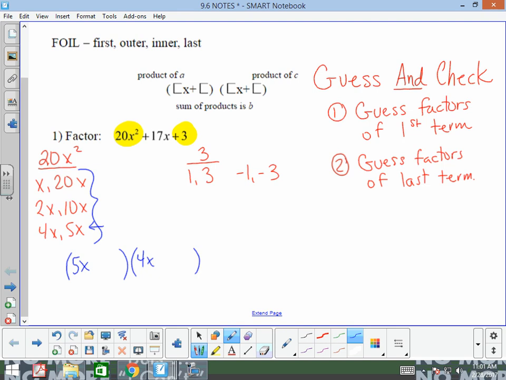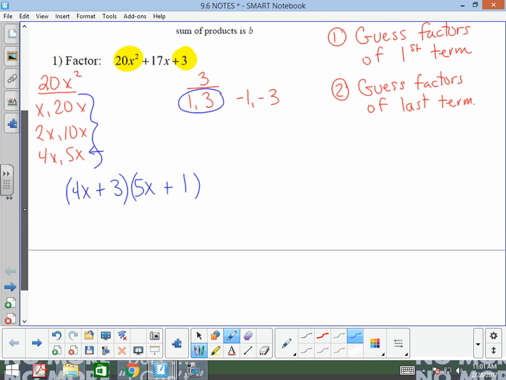You're just guessing right now anyway. So I'm going to go back to 4x being my first one and 5x being the first term in the second parentheses. Now we need to guess the factors of positive 3. We have them written down. Let's start with the two that are positive. So let's put the 3 in this one and the 1 in this one. Again, it doesn't matter right now, we're just guessing.